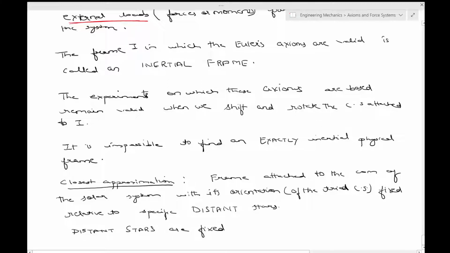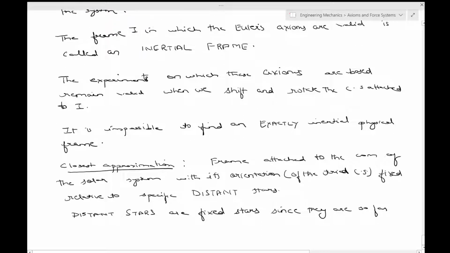Nothing is fixed in reality, but the idea of distant stars is that they are fixed stars, since they are so far that no change has been observed in their angular separation, in their orientation.